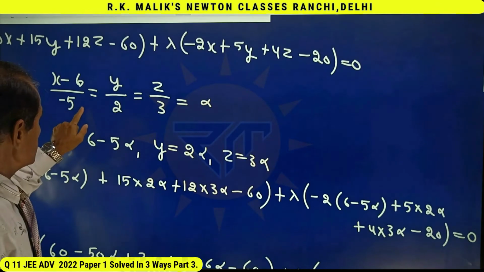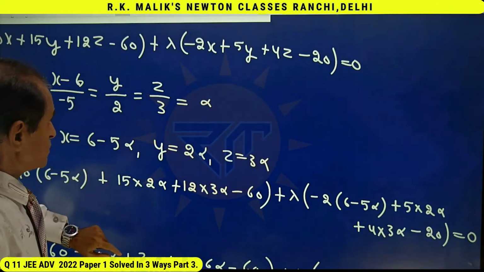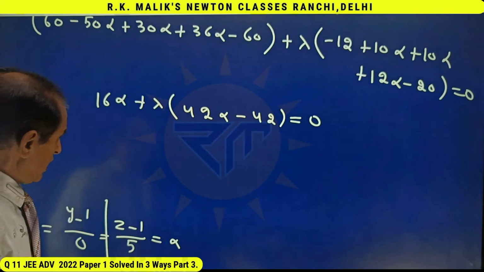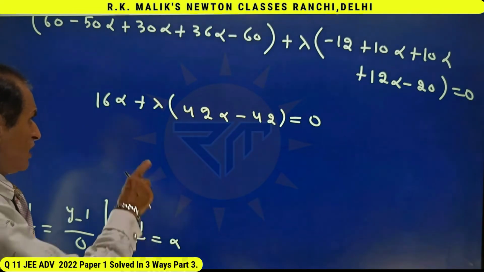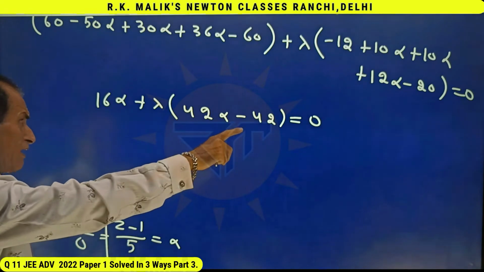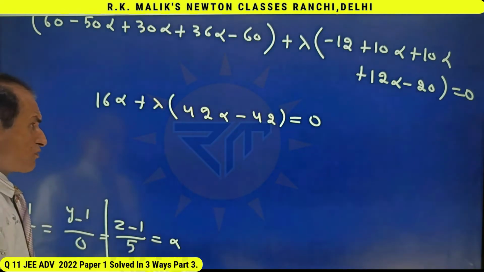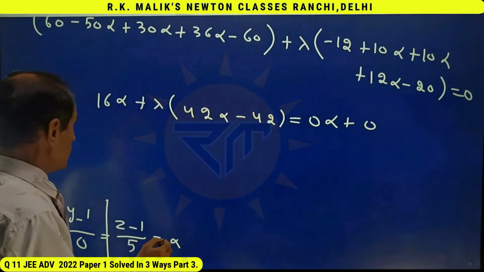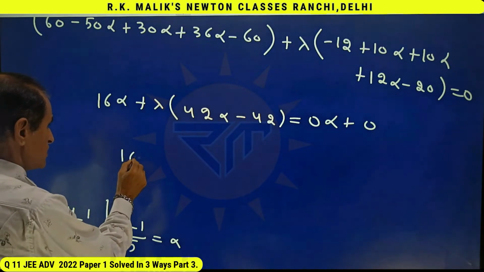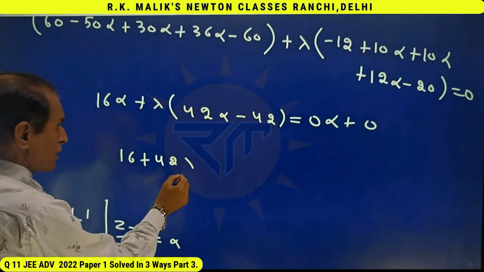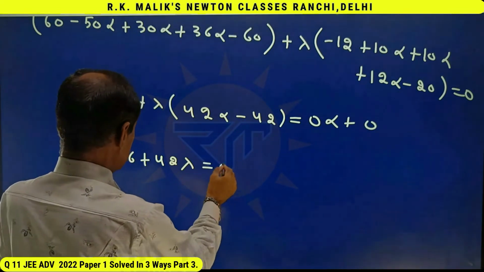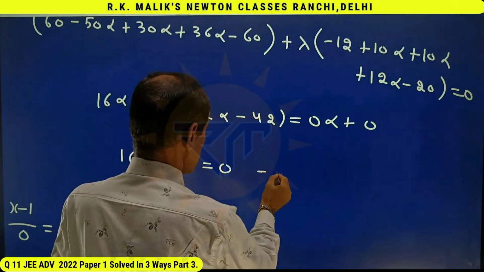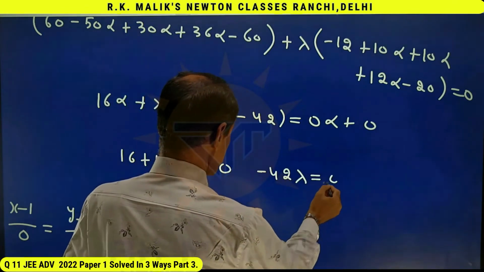And now this line can lie in this plane if this is true for every value of alpha. Comparing the coefficient of alpha, I write right hand side as 0 alpha plus 0, and I will get 16 plus 42 lambda equal 0, and minus 42 lambda equal 0.